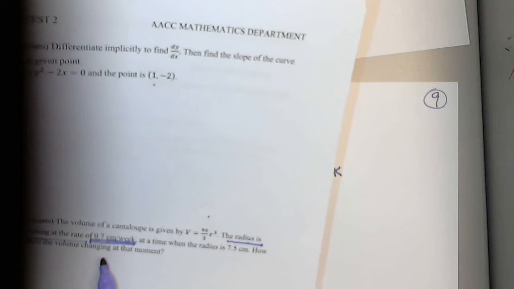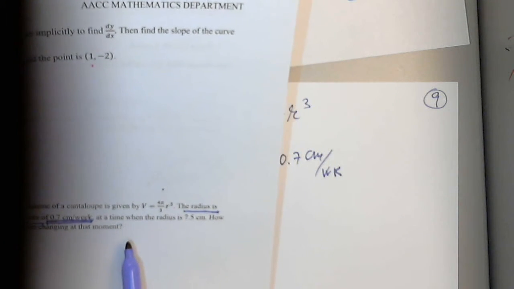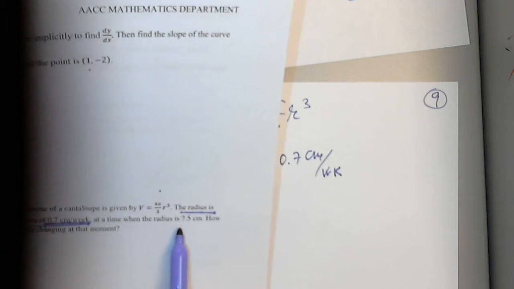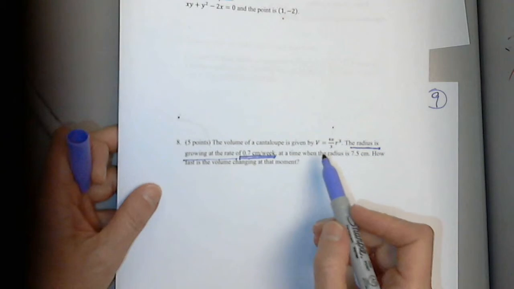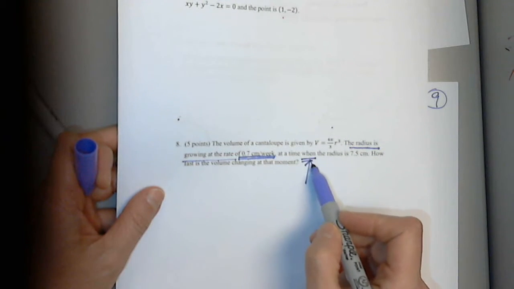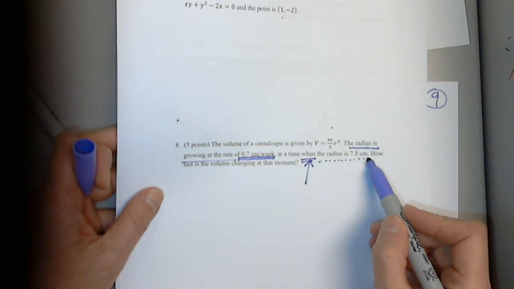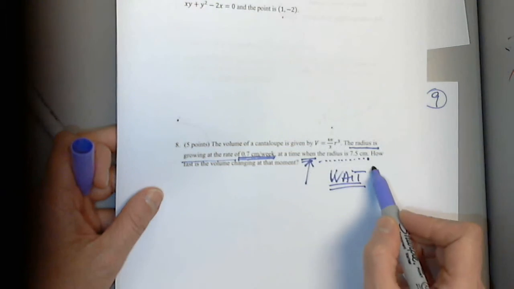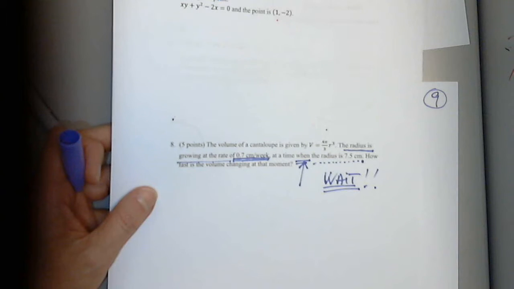How fast is the volume changing at that moment, when the radius is 7.5 centimeters? Remember, when you see this word, whatever follows after it has to wait until the end. Do not plug it in at the beginning.